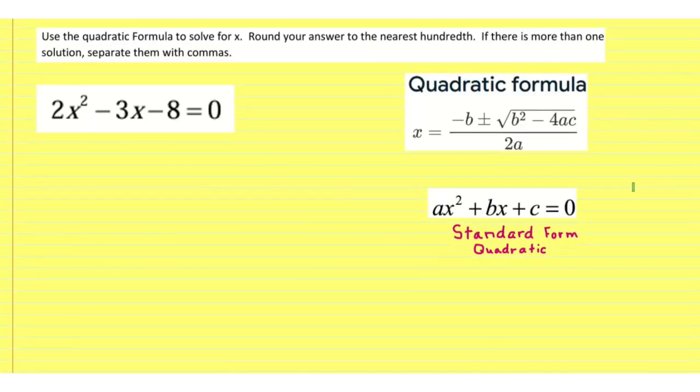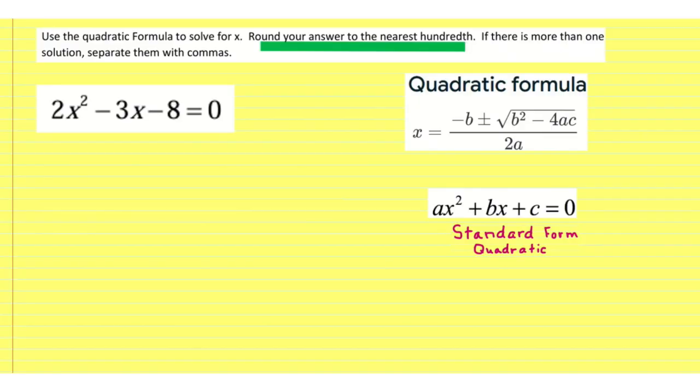Okay, for this final problem for this video, it asks us to round our answers to the nearest hundredth, which means that when we get to our final answer, we are going to put it into a calculator and come up with a messy decimal answer.